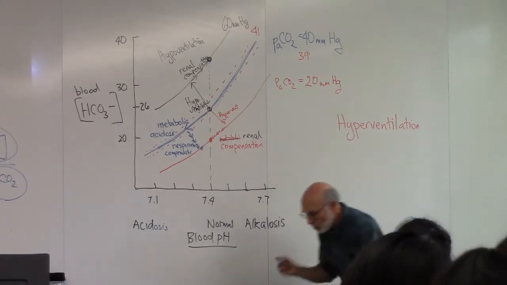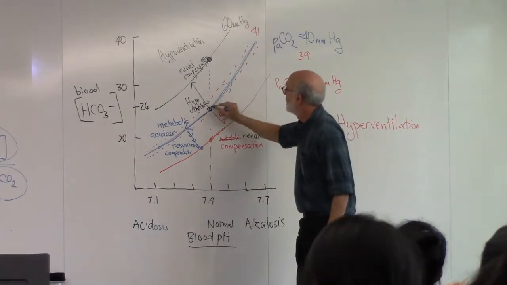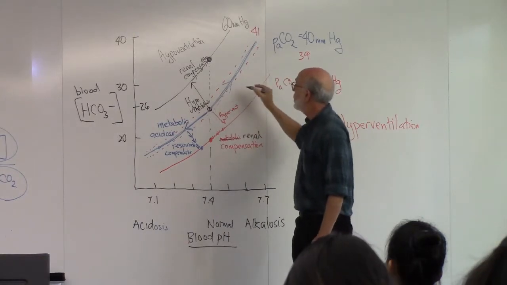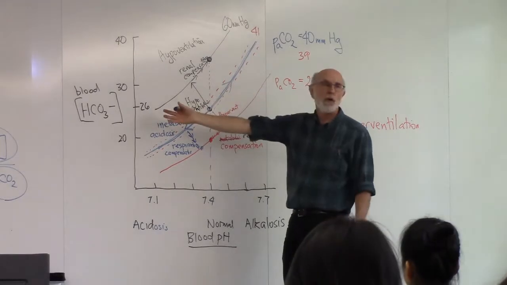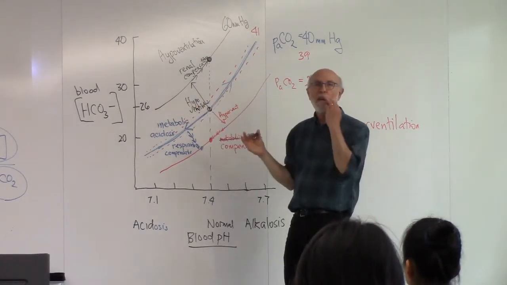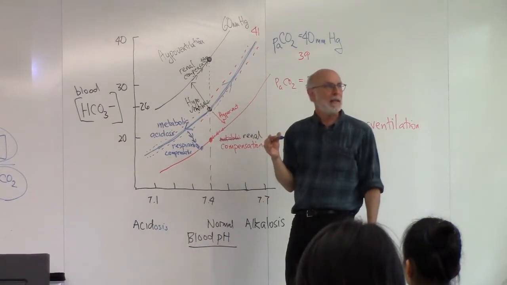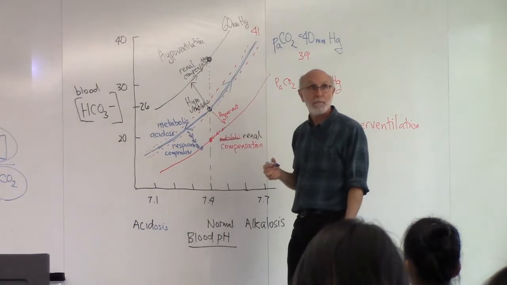Okay, so let's do another case. Let's go to metabolic alkalosis. Something is changing in the body. The kidneys are holding on to more bicarbonate than they should. We are excreting more acid than we should, other than respiratory.